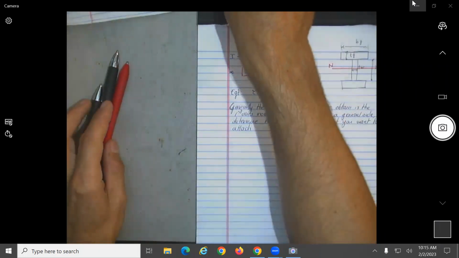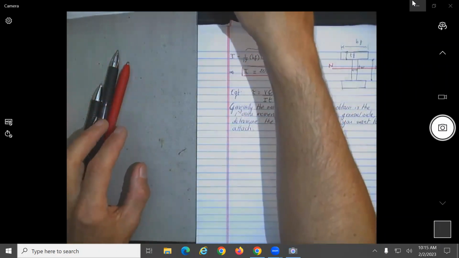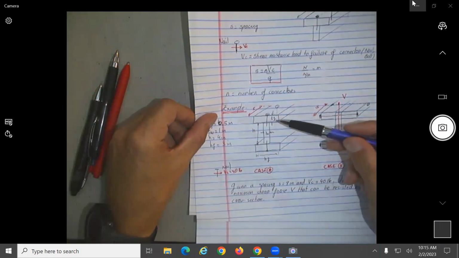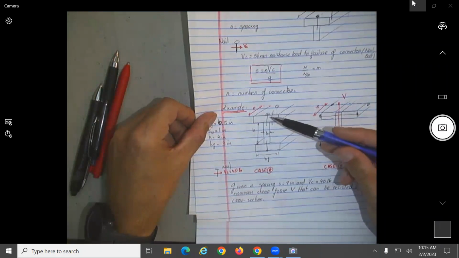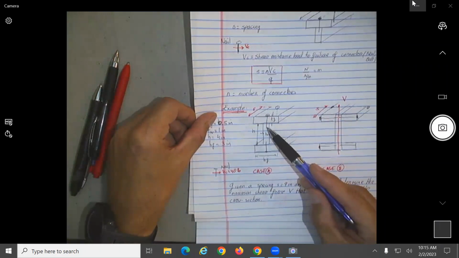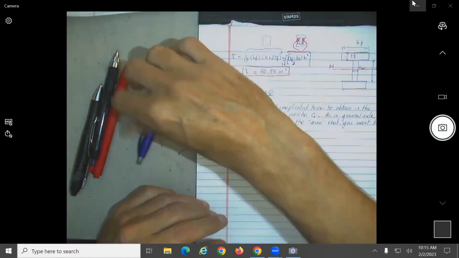The first one is pretty easy, but the second one might be a bit complicated. So in this case, what is the piece that you're trying to attach? You could think of it as the top piece to this one, no? Okay. So let's do case A, then we do case B.